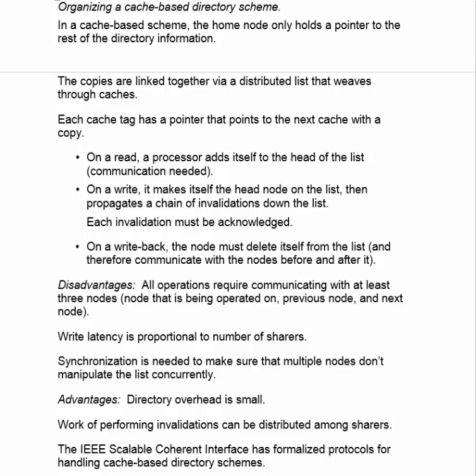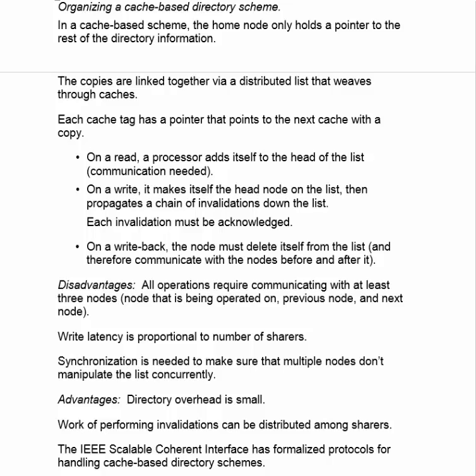On a write back, the node just deletes itself from the list, and that means that the other nodes on the list need to be linked together around this node, so it just removes itself from the doubly linked list, essentially. A disadvantage of doing things this way is that every single operation requires communicating with at least 3 nodes, and the more sharers you have, the greater the write latency.